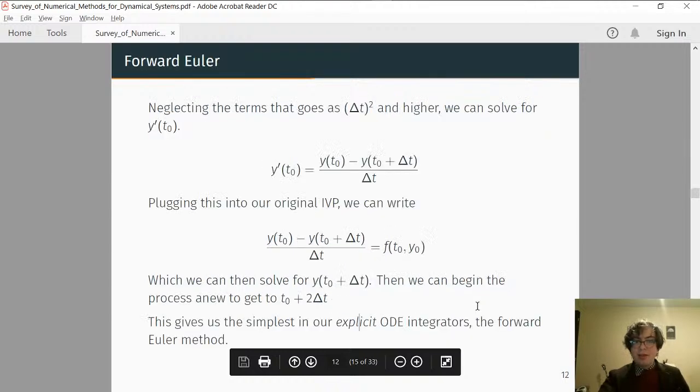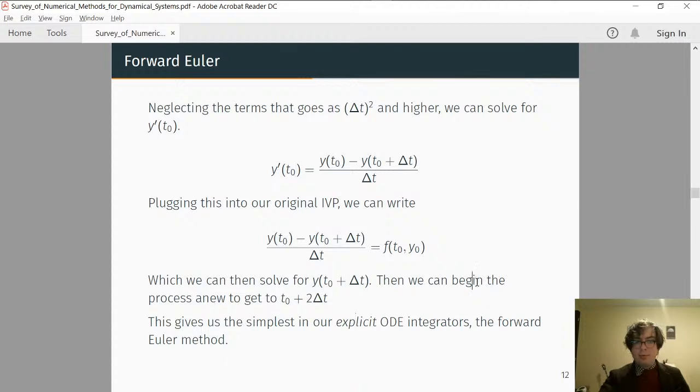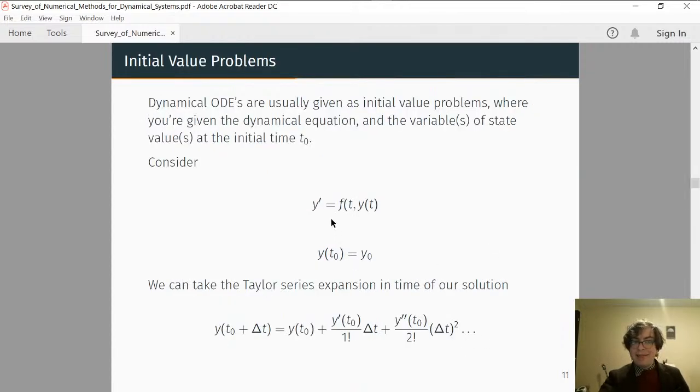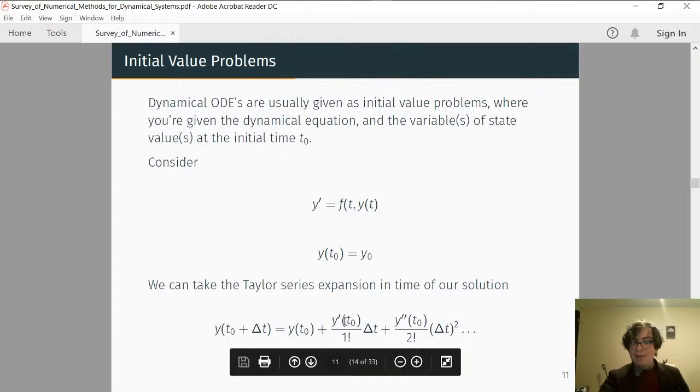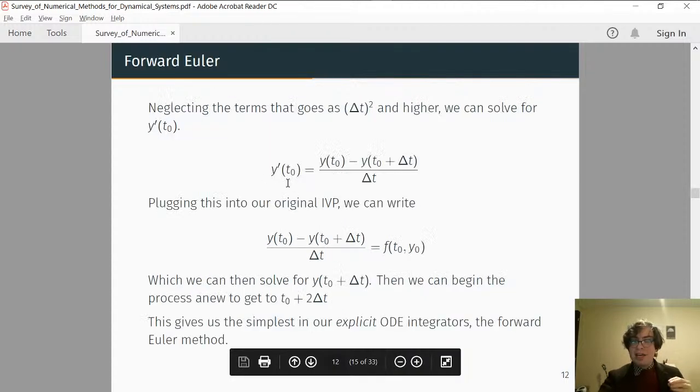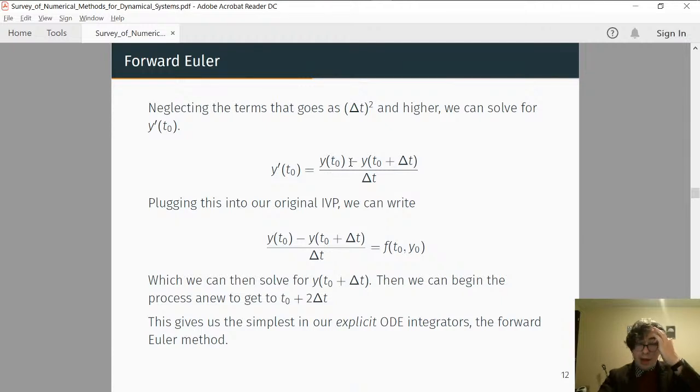We can rewrite this after solving for y prime as this: y prime is equal to the slightly advanced position minus the initial position, divided by the time step. Then plugging that into the initial value problem, we get the change in position divided by the change in time is equal to that function that we specify.